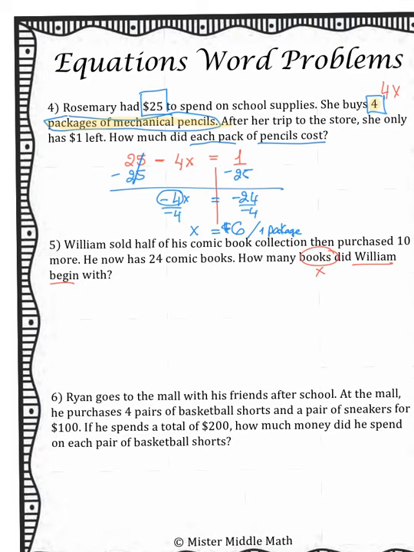Right at the beginning, you see that he sold half of his comic book collection. So what does half mean? Half means 1/2. And we don't know how many books he started with, so half x. And then he purchased 10 more. And now he has 24.